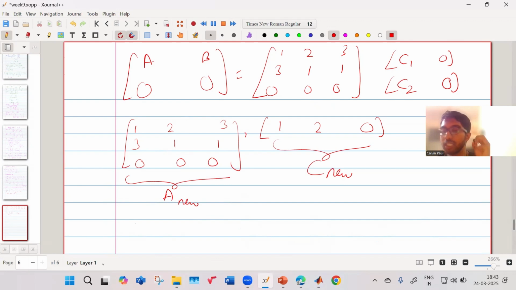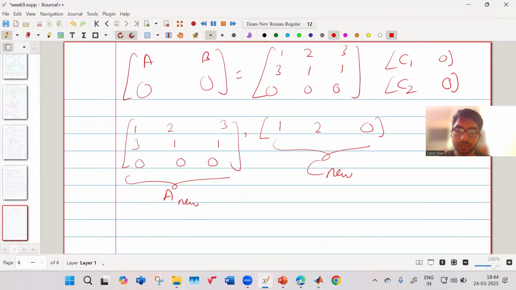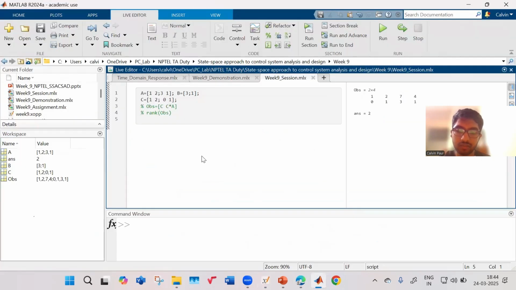Let us code it out so that it can do our calculation, because this becomes a 3 cross 3 matrix and the calculation becomes quite computationally intensive. Although it is not impossible, it will take some time. We have also found out the rank. Now what is our A mu?